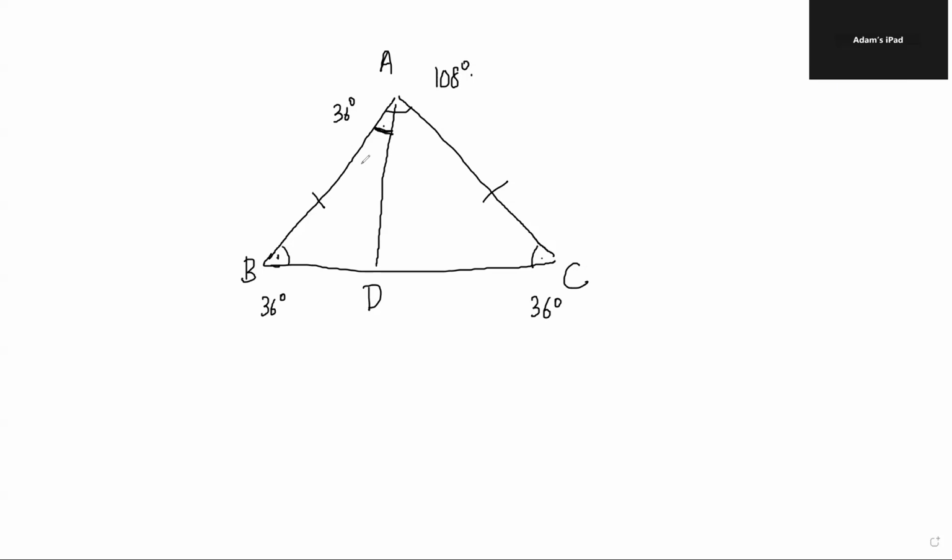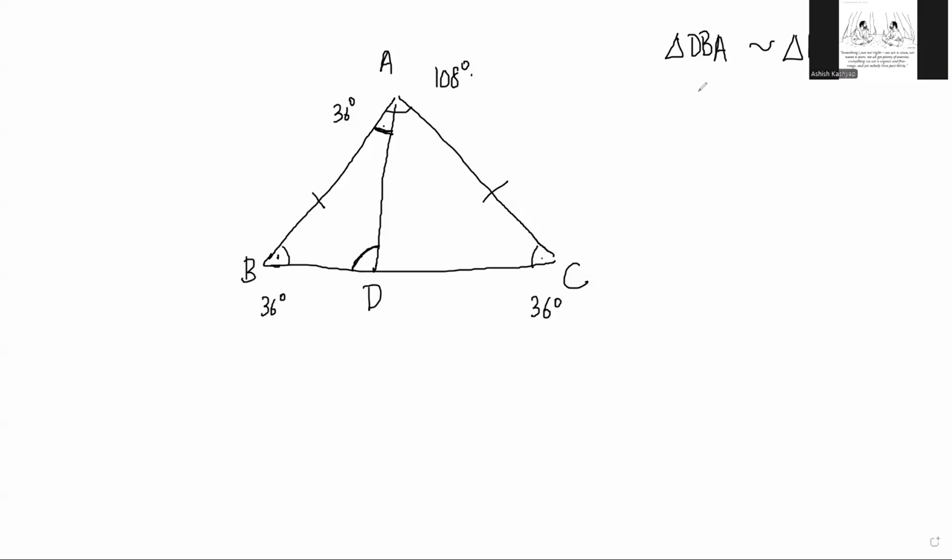So this angle will become 108, right? So we can say that the triangle DBA is similar to the triangle ABC. Correct? Because all the angles are same.